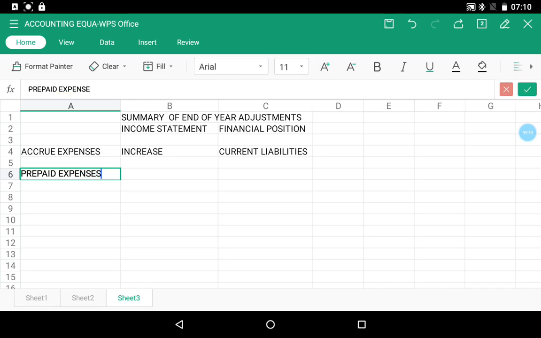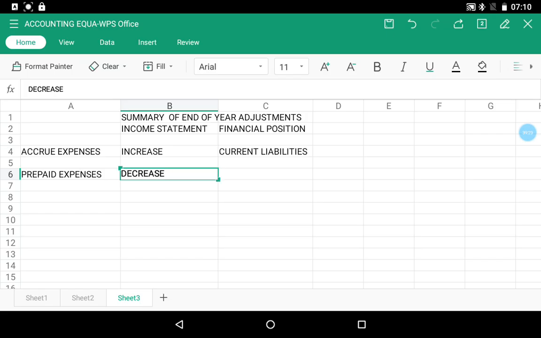Prepaid expenses decrease the value of expenses under income. Then under financial position they are recorded under current assets.